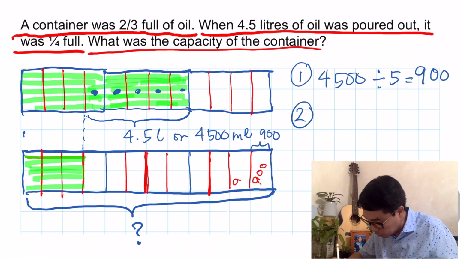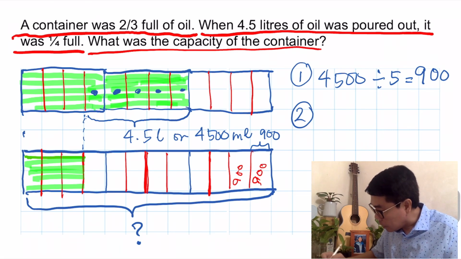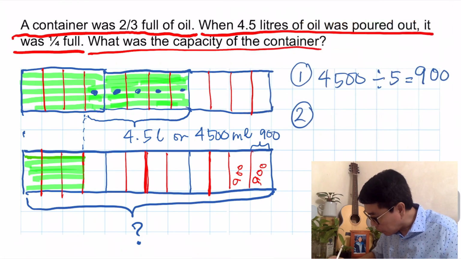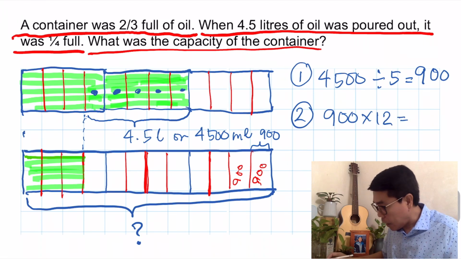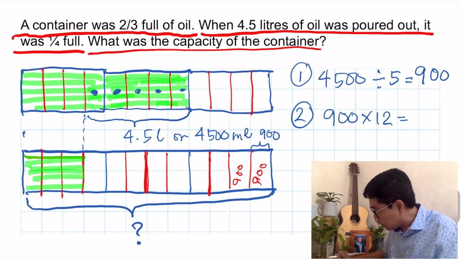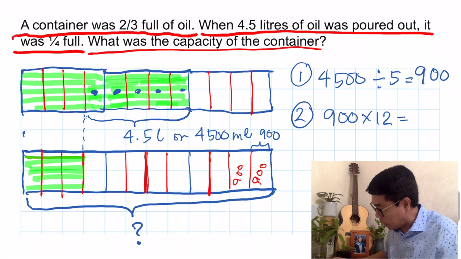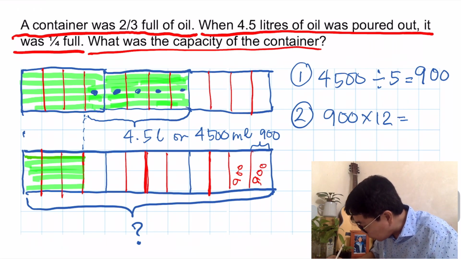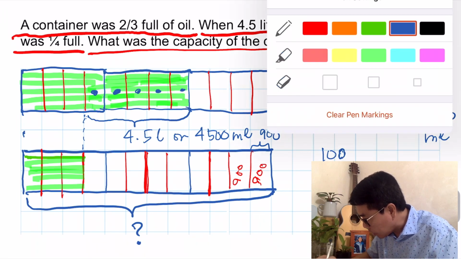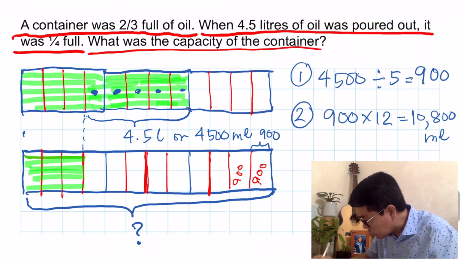So how many 900s are there? 900 times, there are 12 parts. 900 times 12 is equal to 10,800 ml. 10,800 ml is the same as 10.8 liters.